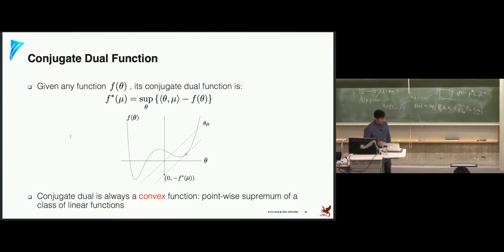Okay? And one nice property of the conjugate function is whatever f you give it, the conjugate of f is going to be a convex function. To see it, you just need to know it's a pointwise supremum of a convex function, or essentially a linear function of mu. So it's a convex function.